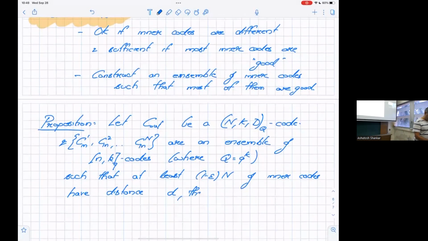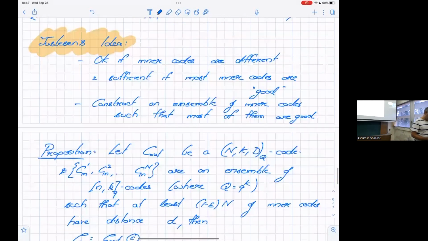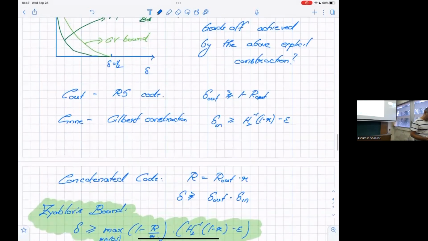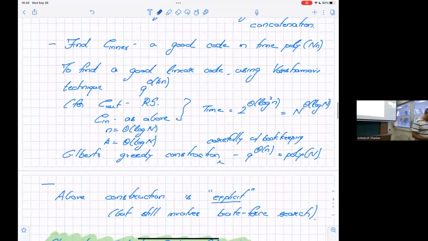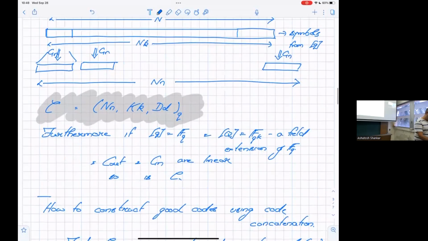Then the concatenated code, which is C out composed with C, I should have used this notation. People use this notation sometimes. It's not standard.